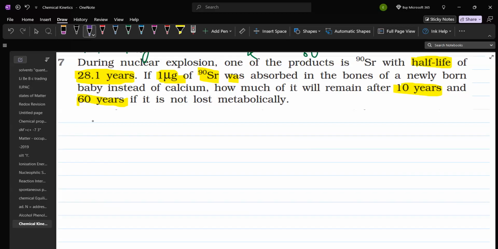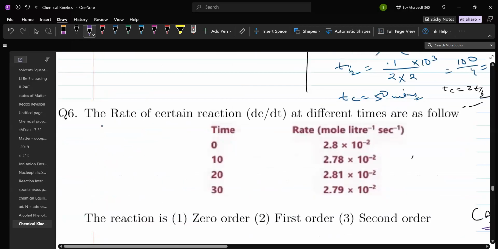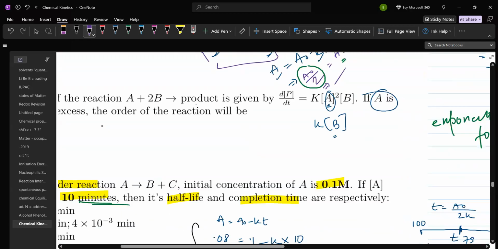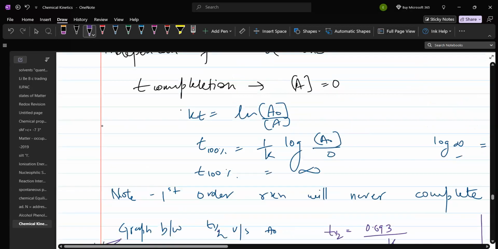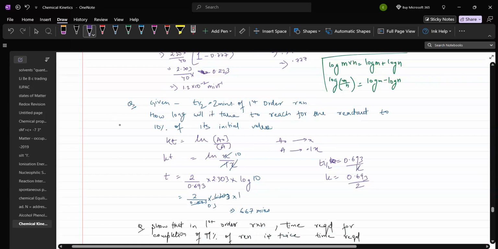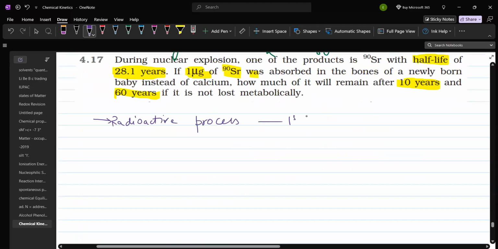So this is a question on radioactivity. I have told you earlier in these notes, in the first order reaction examples, the radioactive processes are first order reactions only.